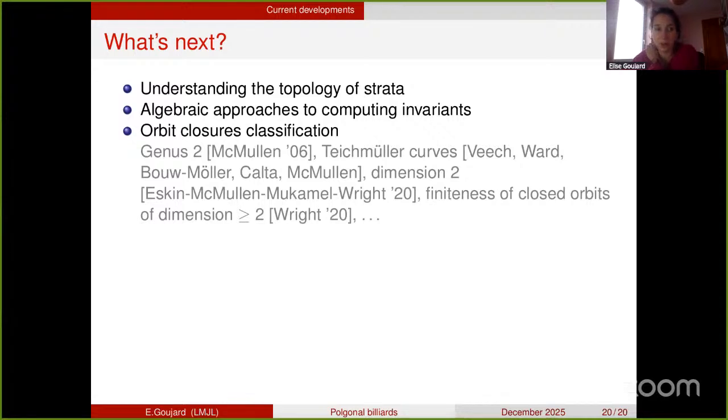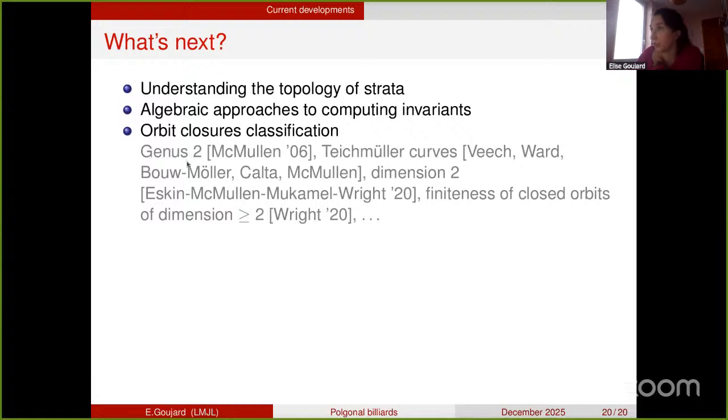There is an important direction of classifying the SL2R orbit closures. I hope that you see now that it's very important for the dynamics of billiards, for instance. We don't know much about the orbit closure classification.